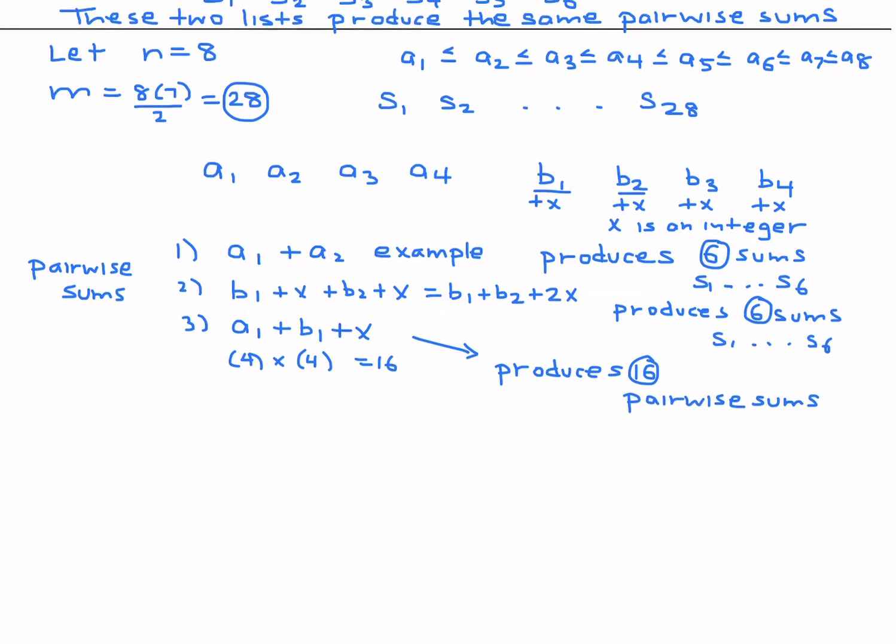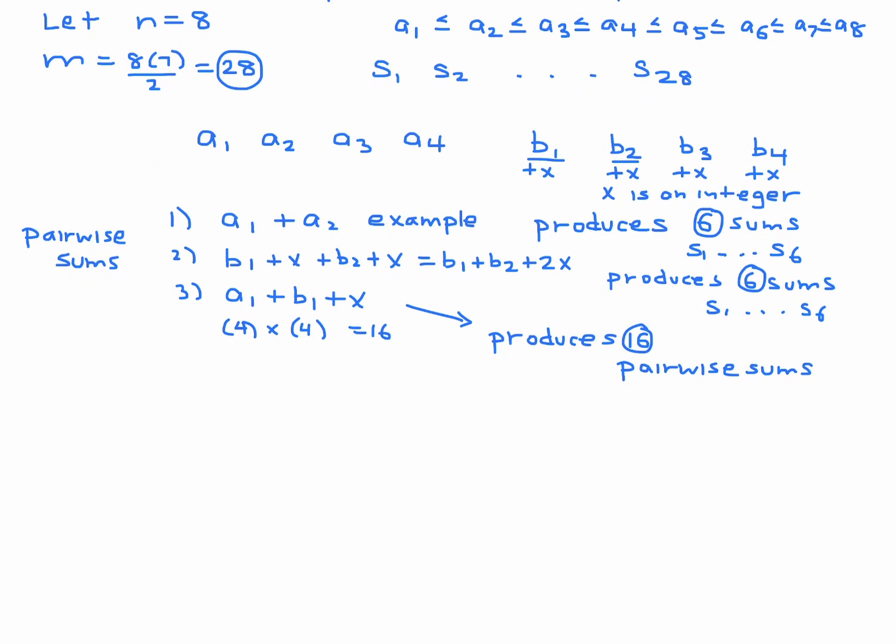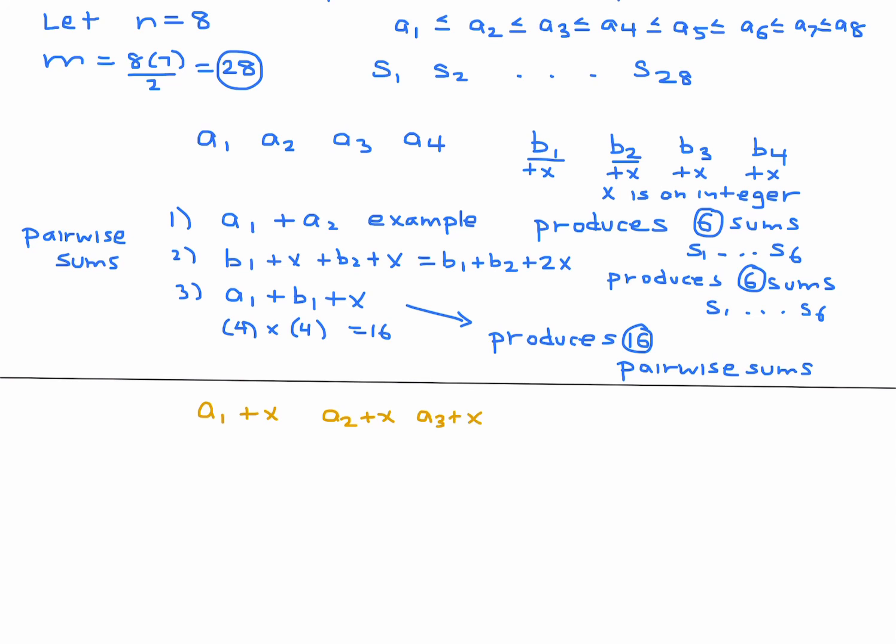So that works out. Now what you have to do is pretty much the same thing, but this time we add the x to the A's. So this time it's A1 plus x, A2 plus x, and so on. A3 plus x, A4 plus x.